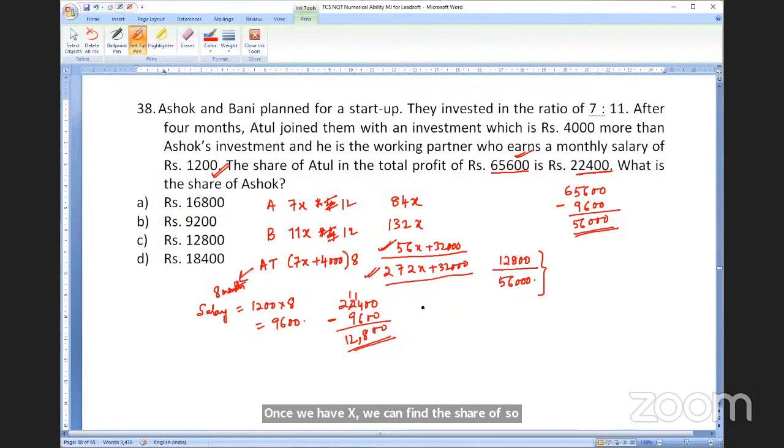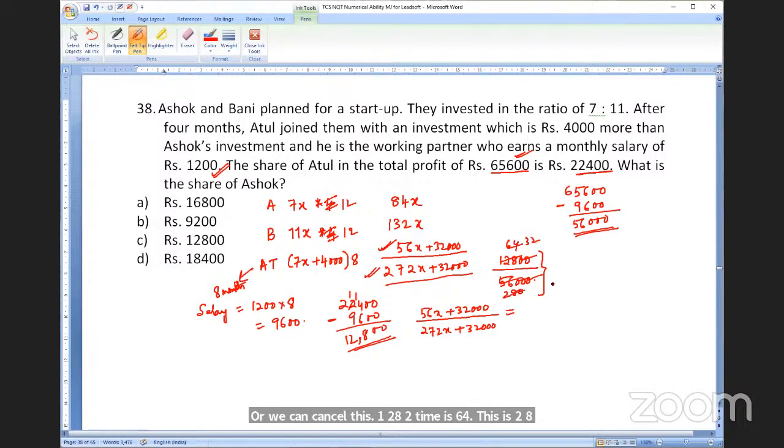So 56x plus 32,000 divided by 272x plus 32,000 equals 12800 divided by 56000, or we can cancel these zeros: 128 divided by 560. 128, 2 times is 64; 280; 2 times 32, this is 140; 2 times 16, that is 70; 2, 8, this is 35. So it comes to 8 by 35.